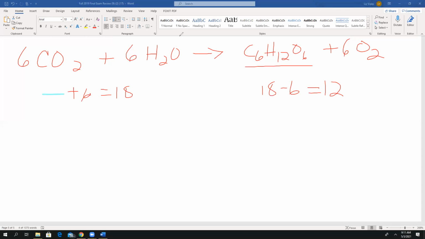That's our eraser. Right. A question that we have is this. How many grams of glucose, that's the one underlined, are produced? So we have grams of glucose.